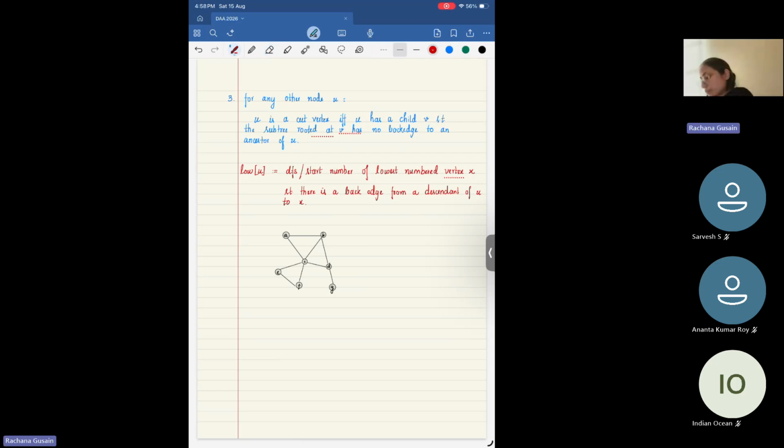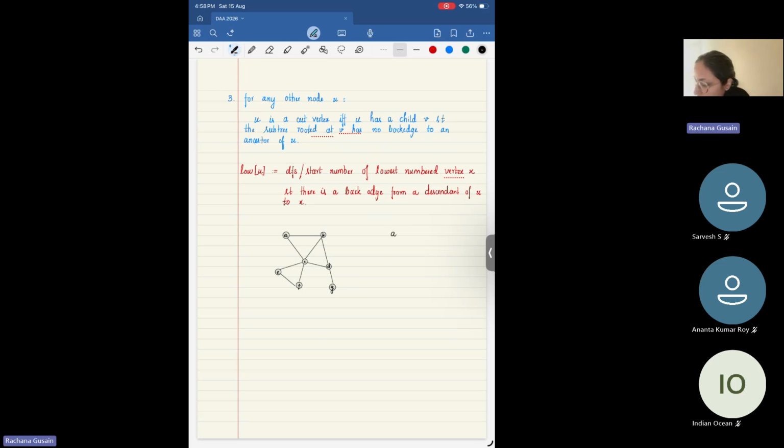Let's say the start and finish times I'll denote by blue color, and the low I'll denote by red color. So let's say I start with vertex A.